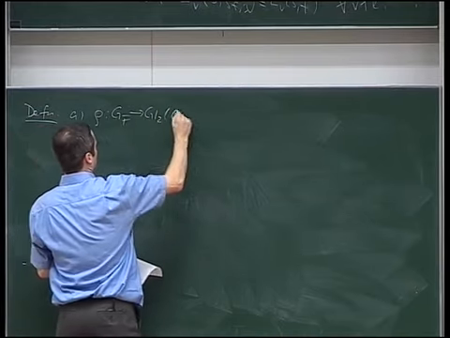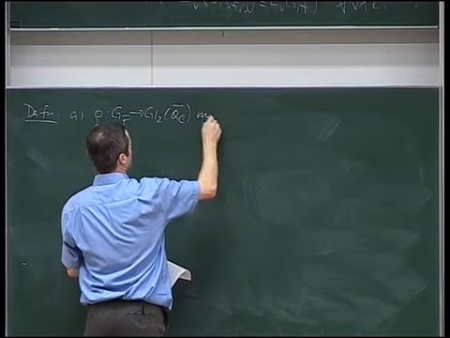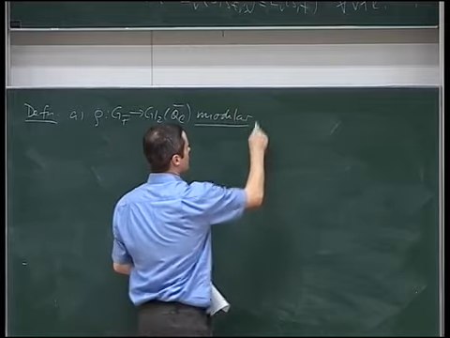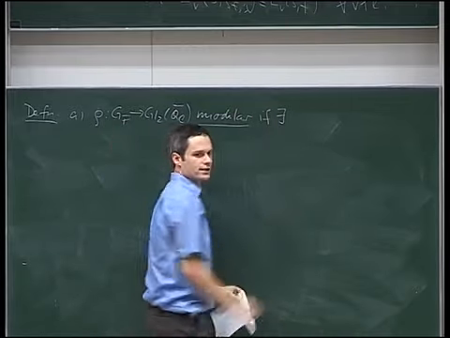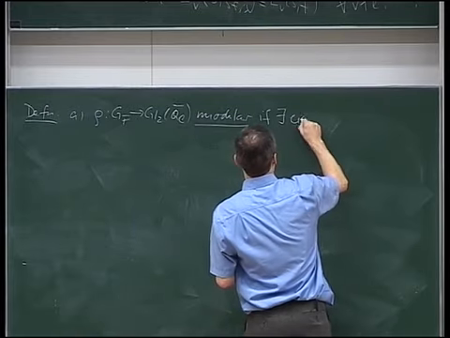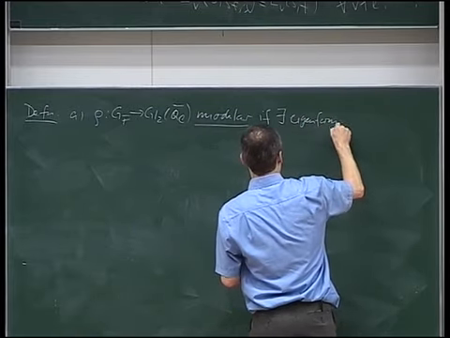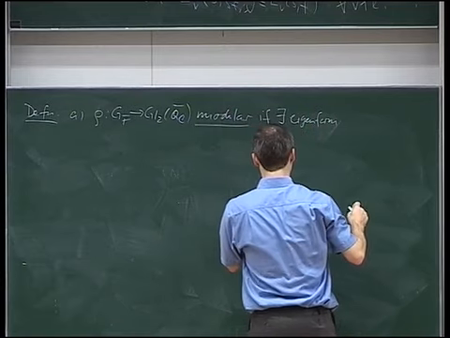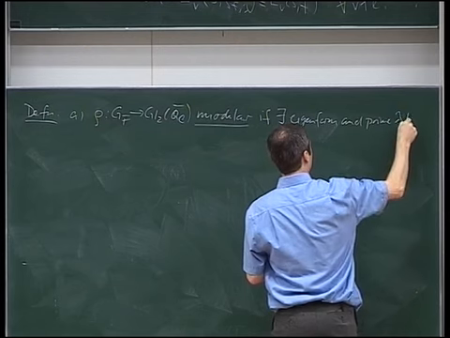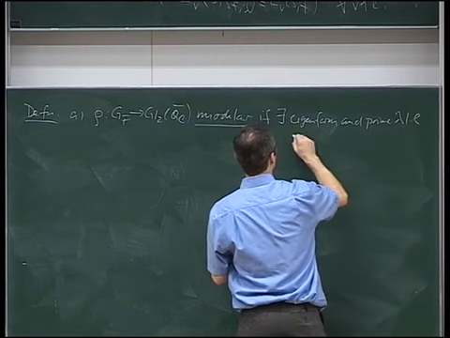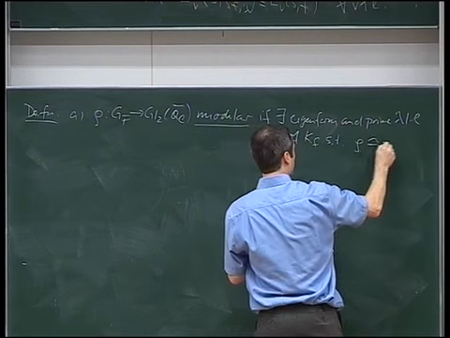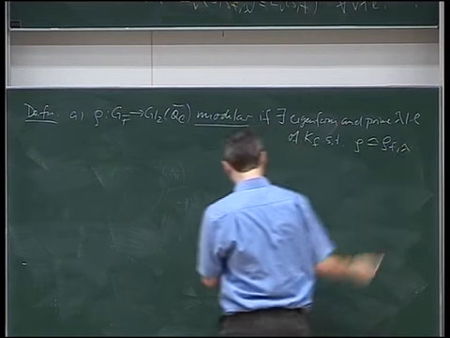Well, this is if there is such an eigenform and prime lambda dividing L such that rho is isomorphic to rho f lambda.